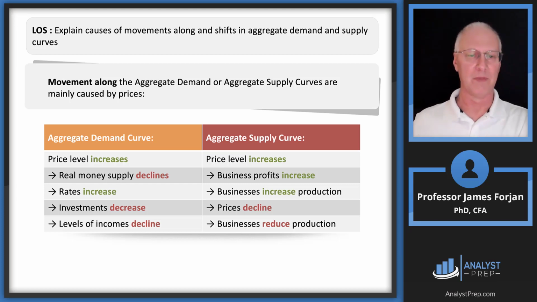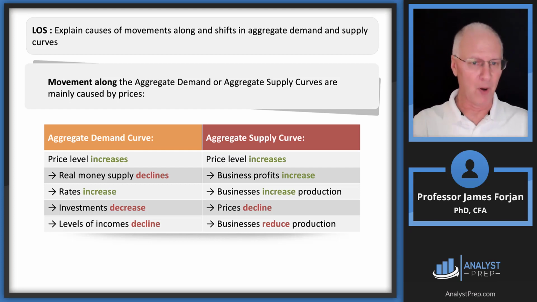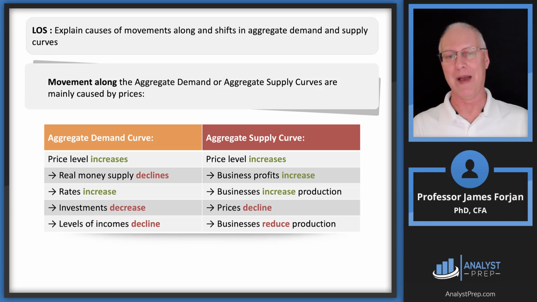Clearly, with my Honeycrisp apple example, you can't plant a tree and have it harvest overnight, so there's some time lag in there. Prices will decline and then businesses will reduce production. This has everything to do with things like the business cycle. This is a part of the business cycle that we learned about back in the micro, and we'll talk about it again here in the macro, that relates to changing prices and contractions and expansions.